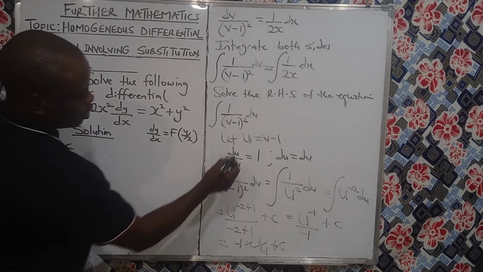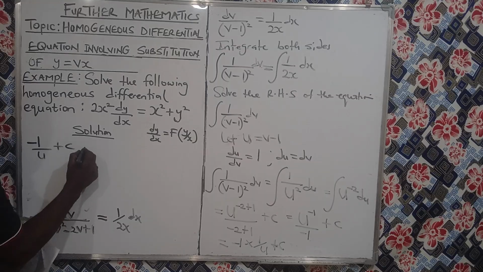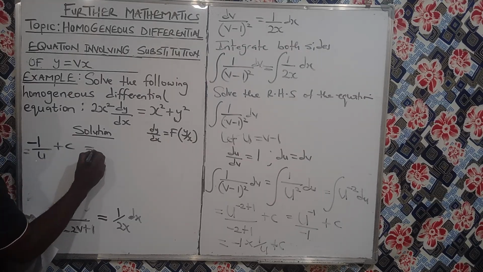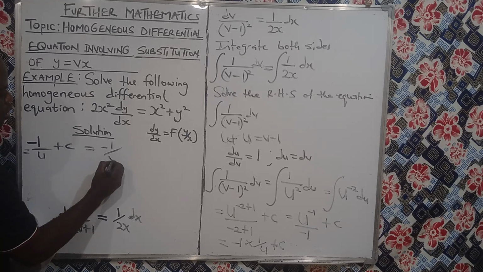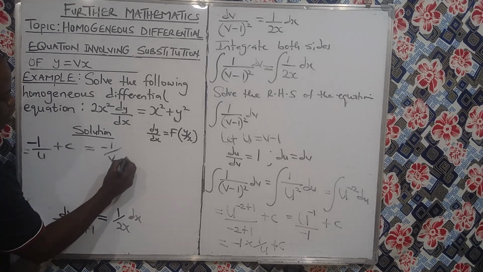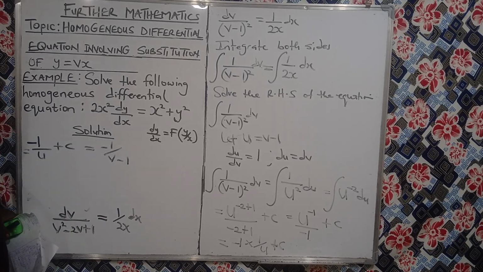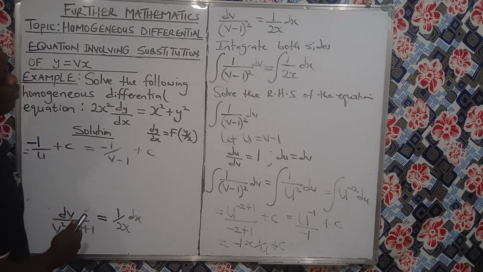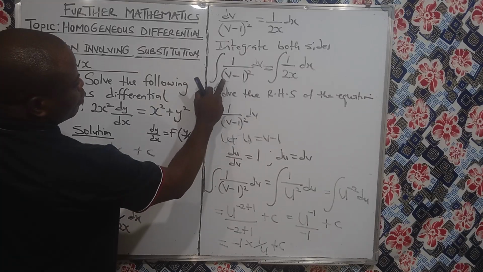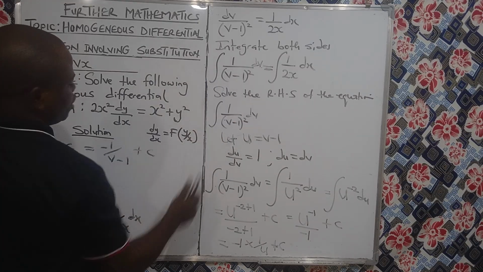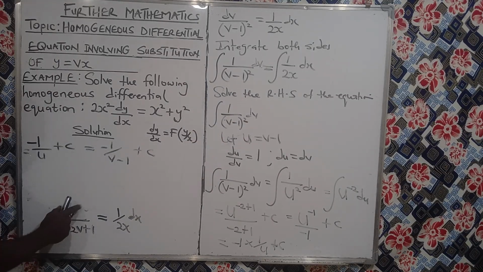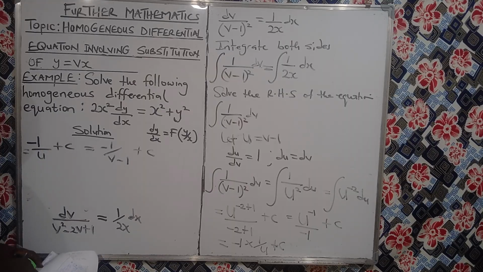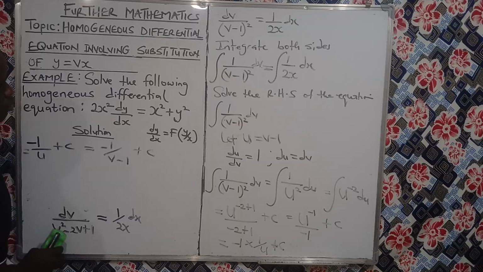And what is our u? You replace it back, which equals minus 1 over v minus 1 plus c. Now we have the integration of 1 over (v minus 1) squared as minus 1 over v minus 1.